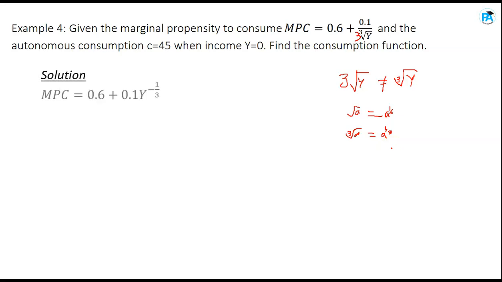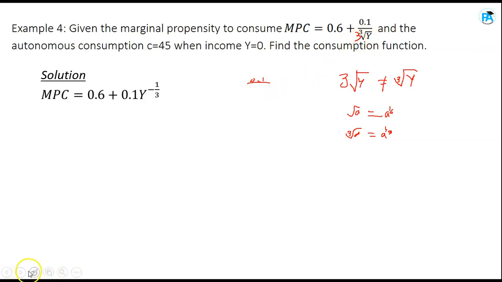So to solve this, I decided to convert this to this form: 0.1 y exponent negative 1 over 3. The reason is, let's say I want to convert this. I have 0.1 at the numerator divided by the cube root of y.